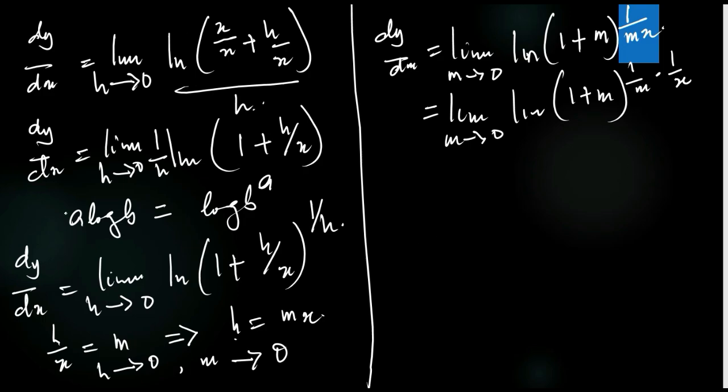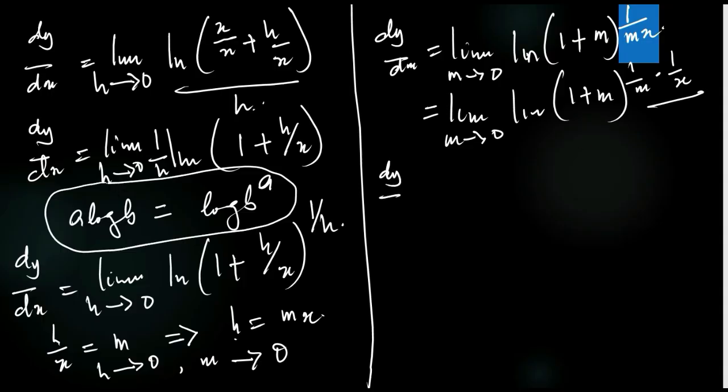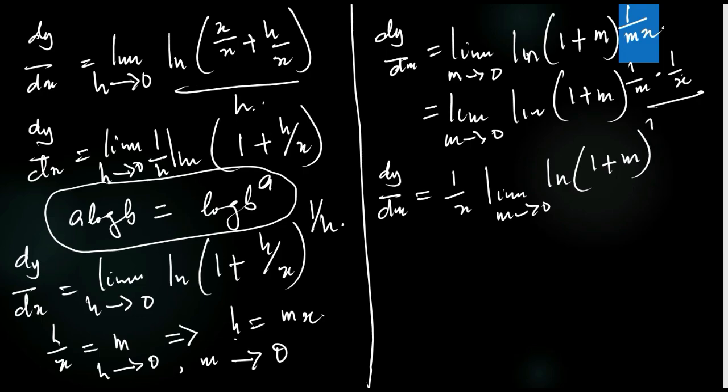Applying the same principle to split this multiplication, dy/dx is 1 over x times the limit as m tends to 0 of ln of 1 plus m raised to the power 1 over m.